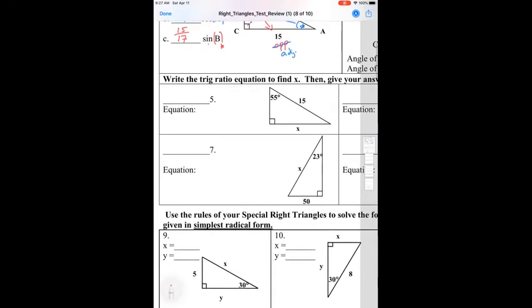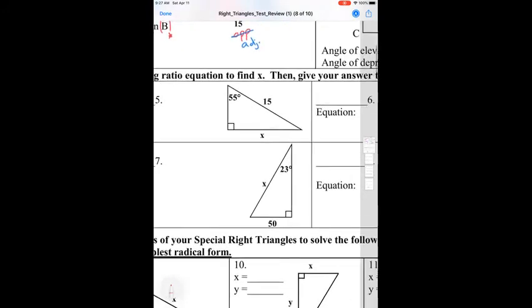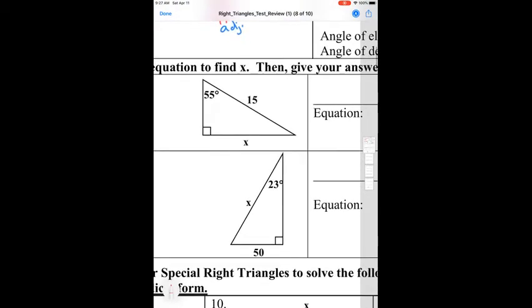So let's take a look at number 5. The first thing I would do is label your diagram. Here they're giving me an angle of reference. Across your angle of reference is always your opposite side. Here's my 90 degrees, which means this is my hypotenuse.